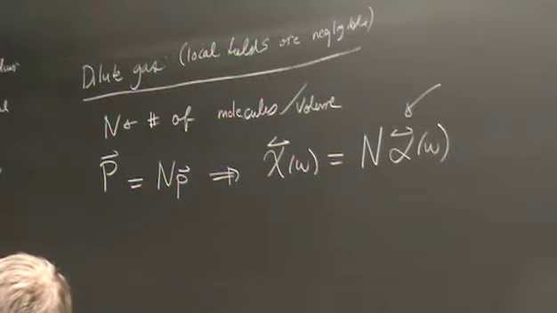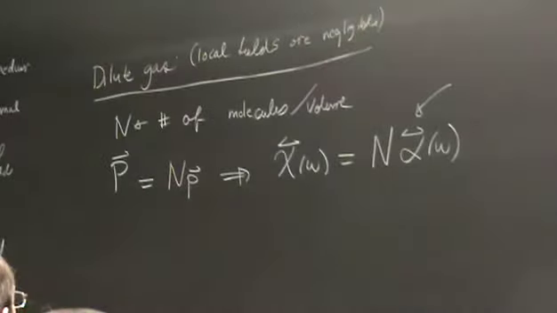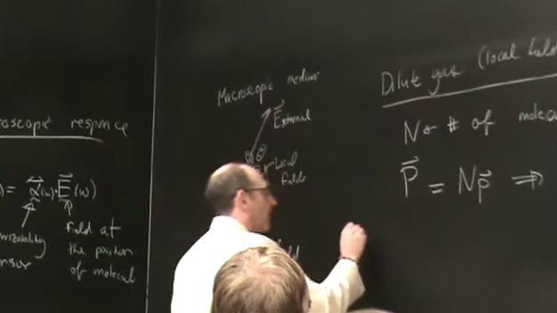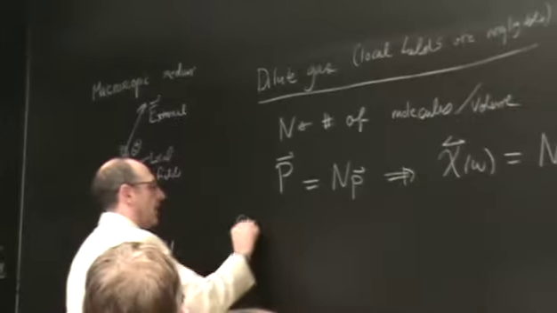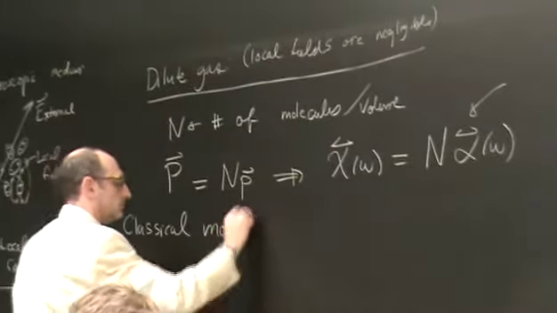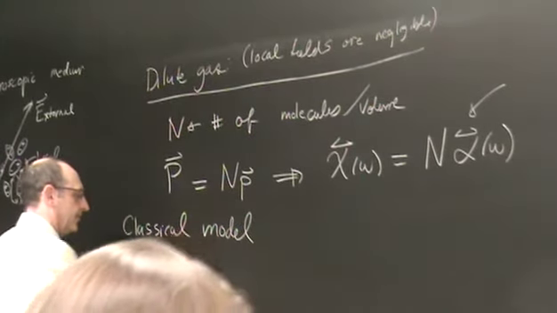You could say you have some atomic orbitals and you put on some electric field and they polarize and you want to know how much. That would give you the atomic polarizability from a quantum mechanical description. We're not going to go there. Well, today we'll talk about a simple and very powerful model, a classical model for dielectric response.